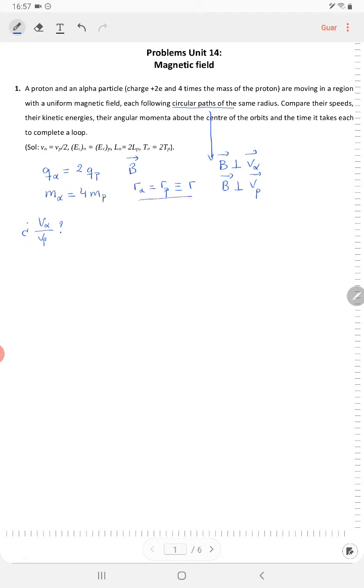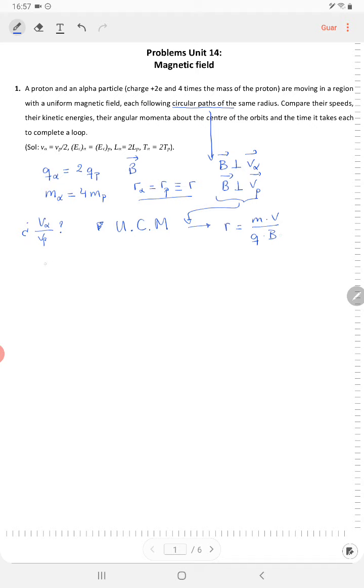The simplest way is to remember that with the uniform circular motion you get when a magnetic field exerts force on a charged particle, the radius is equal to the mass times the speed divided by the charge and the magnetic field.